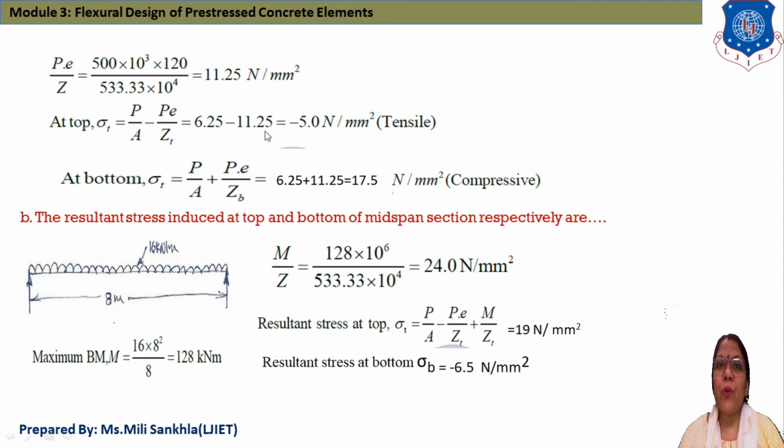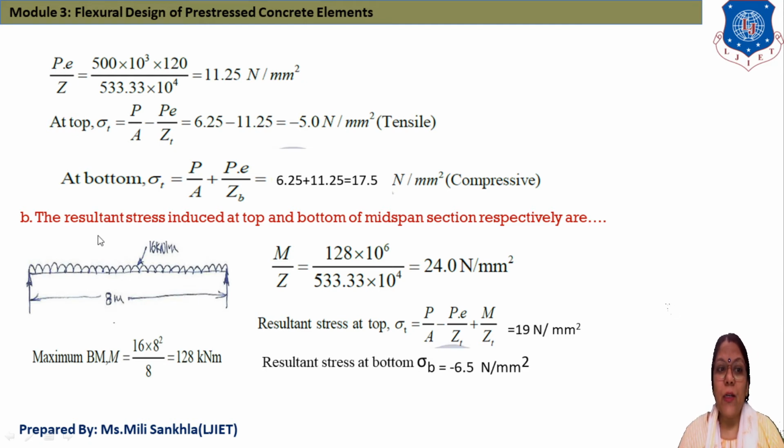So P by A minus Pe by Z is minus 11.25, and here minus is taken as tensile. At bottom, direct stress P by A plus Pe by Z is 6.25 plus 11.25, and the answer is 17.5 Newton per mm square, that is positive, so we take it as compressive.